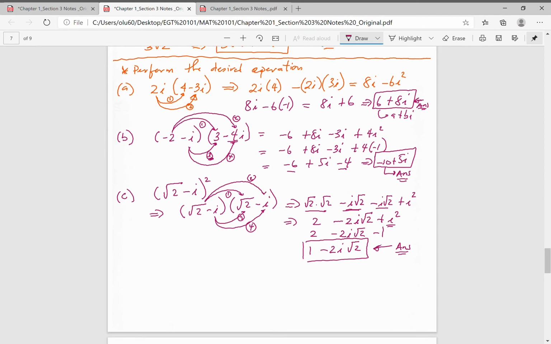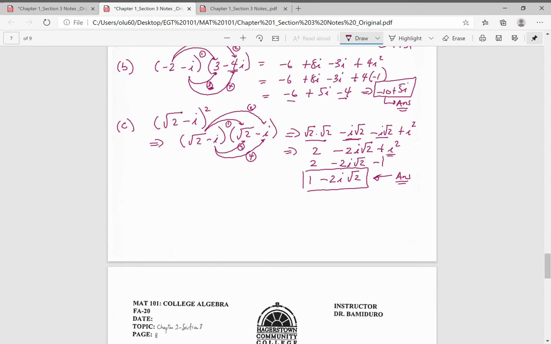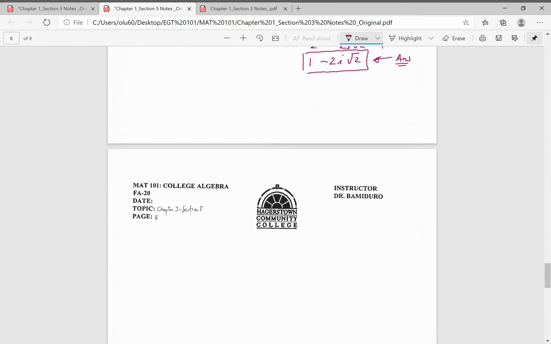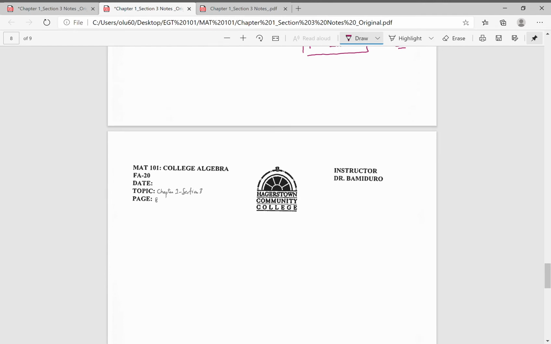Okay? Now, we can go a little further. Now we want to deal with the conjugate aspect of our section. And they ask us to find the product of the given complex number and its conjugate.